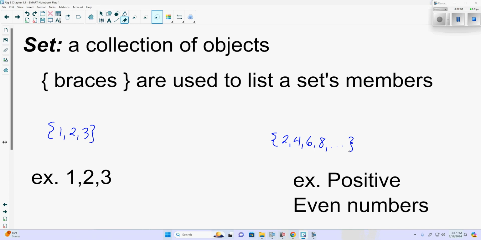We have an infinite number of even numbers. If we can't really list all of them and we use the dot, dot, dot, we have to set a pattern for what we're talking about, like 2, 4, 6, 8, 10, 12, going on. Then we use the dot, dot, dot to signal that it's going to continue on in that pattern infinitely. Questions about sets?